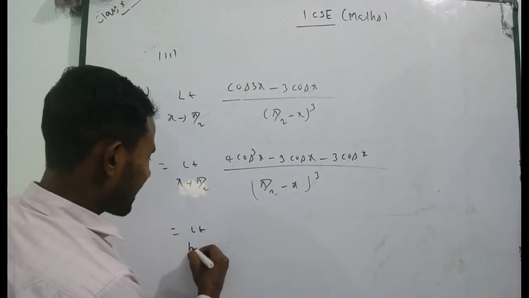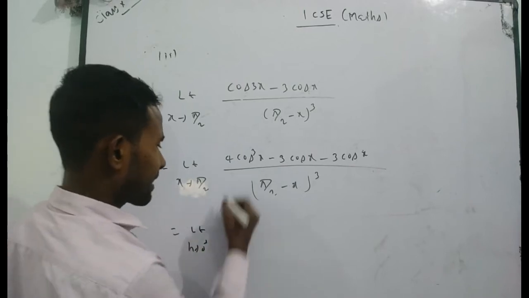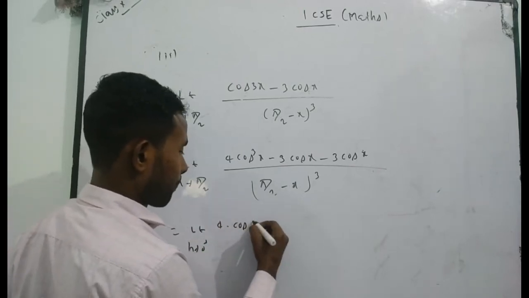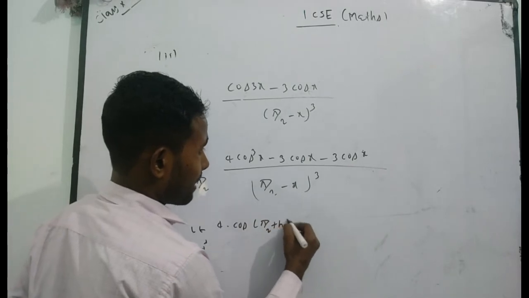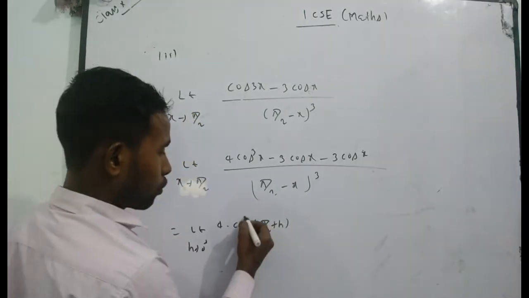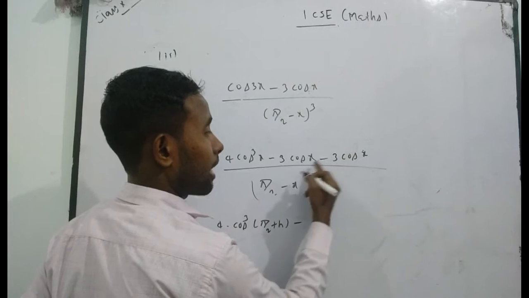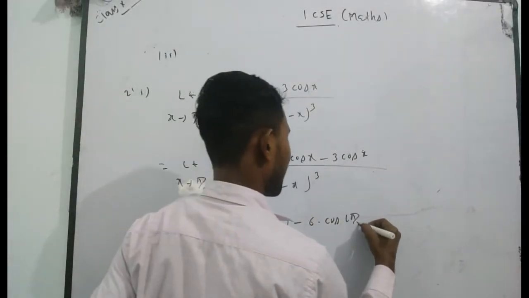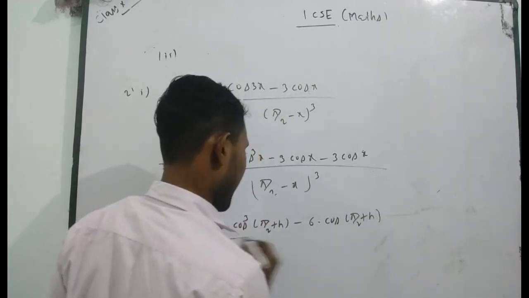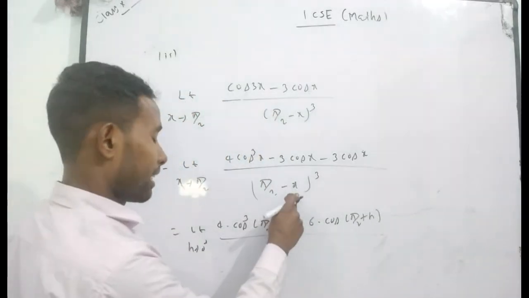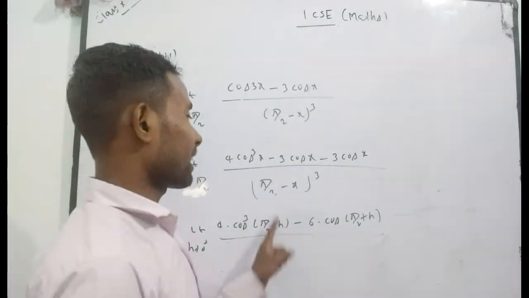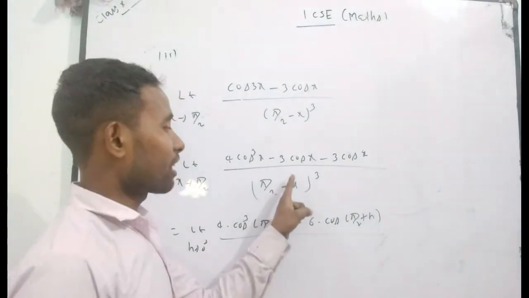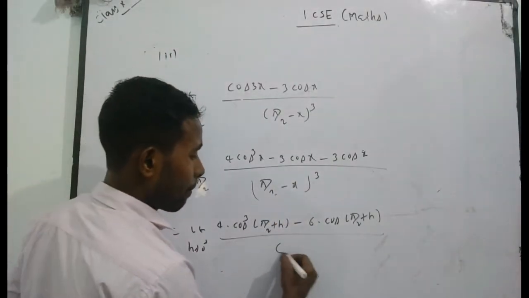Can you write it as x tends to 0 from the right hand side, 4 times cos pi by 2 plus h whole cube minus 6 times cos pi by 2 plus h? Can you write? Divided by pi by 2 minus x, where x is replaced by pi by 2 plus h, in that case pi by 2 minus pi by 2 is diminished, and finally you get minus h whole cube.